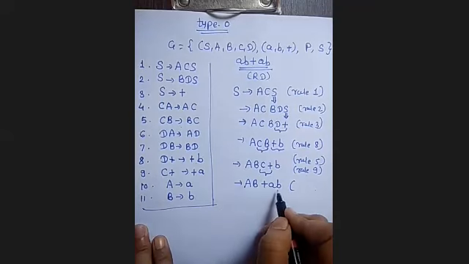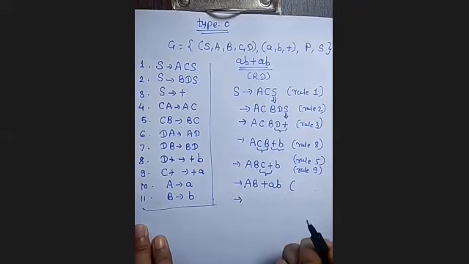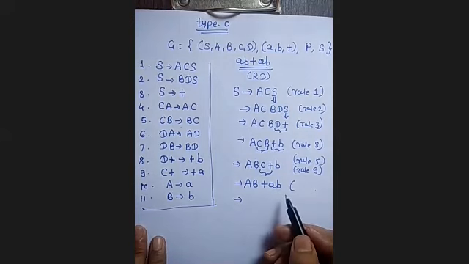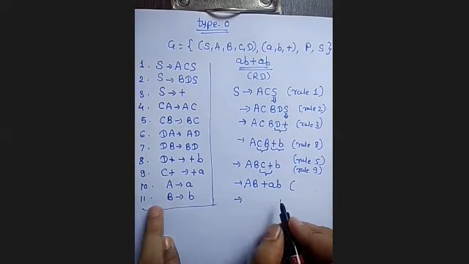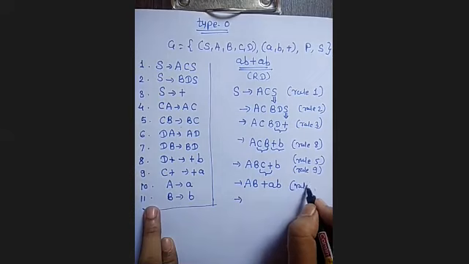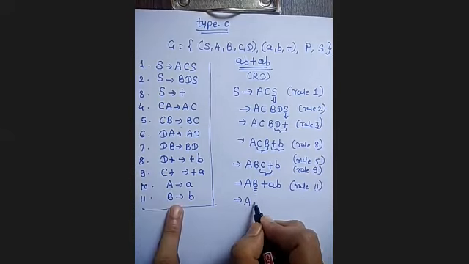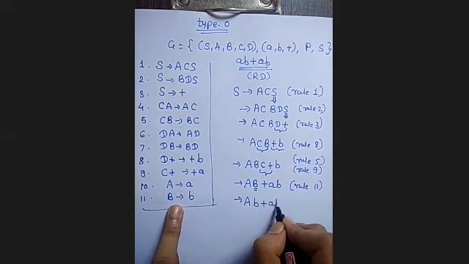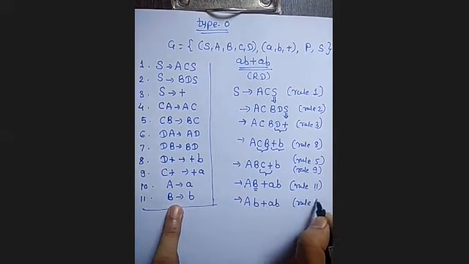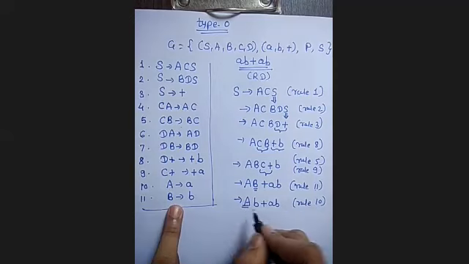Now it is simple. We got this plus AB part. First we will apply rule number 10? No, rule number 11 will apply, as it is a rightmost derivation. So first we'll replace the rightmost non-terminal B by this B, and then in the last step we'll apply rule number 10, so this A is replaced by AB.